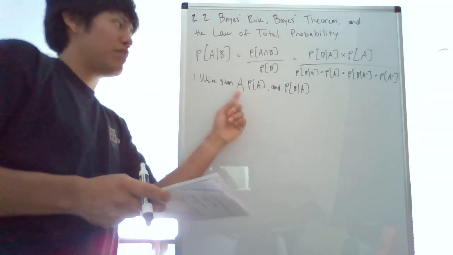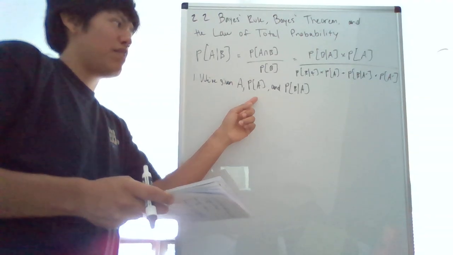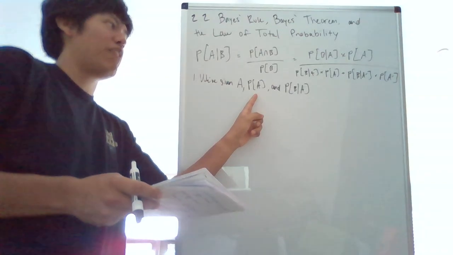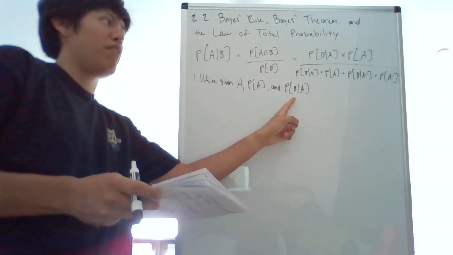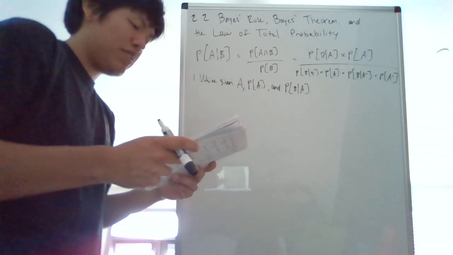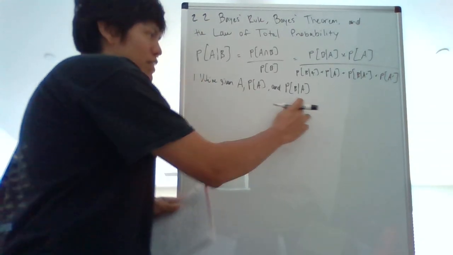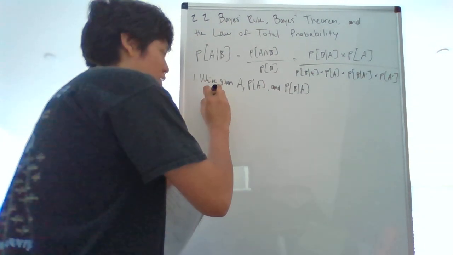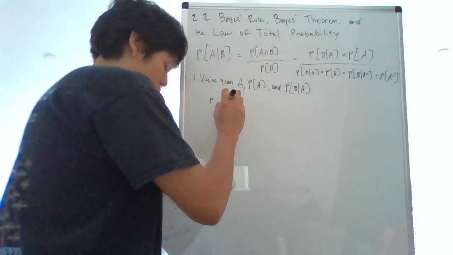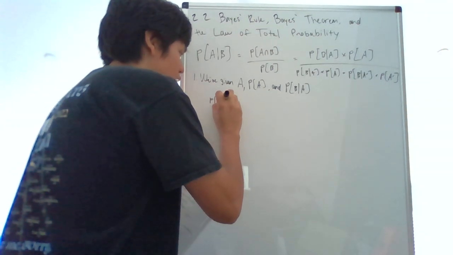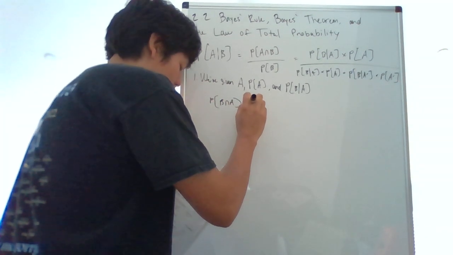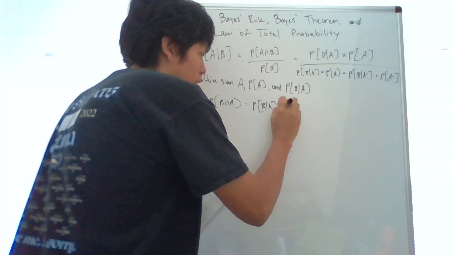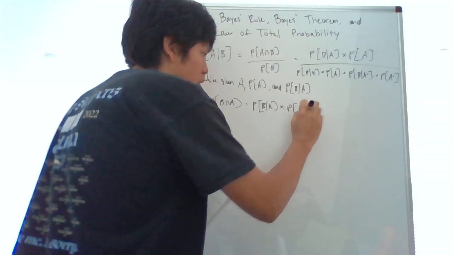Remember, this is the probability of that event happening, and the probability of event B happening given event A. So if we're given this, then we can safely assume that the probability of B intersect A is equal to the probability of B given A times the probability of A.